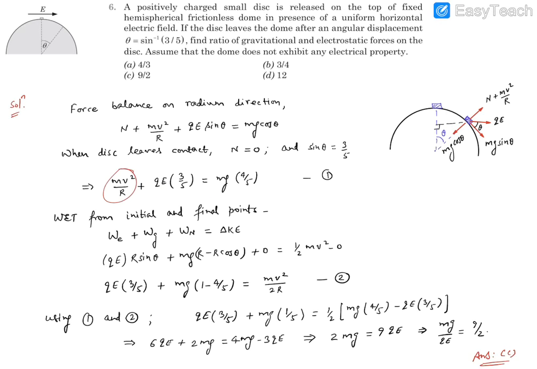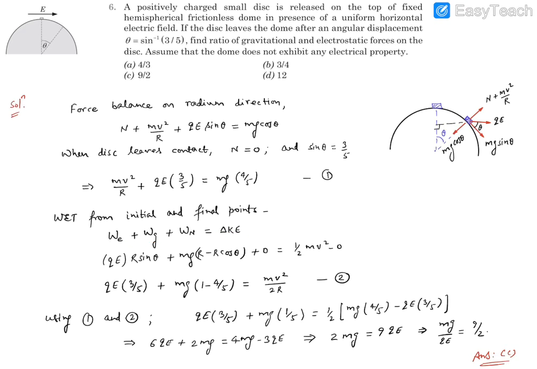We need to know what this mv square by r is. For that sake, we can use the initial location and the final location and go for the work energy theorem. So the work energy theorem has to be applied between the initial and final points. Work done by the electrostatic force, work done by the gravitational force, and work done by the normal reaction must be equal to the change in kinetic energy, because gravitational, electrostatic and normal are the forces acting on the disk.